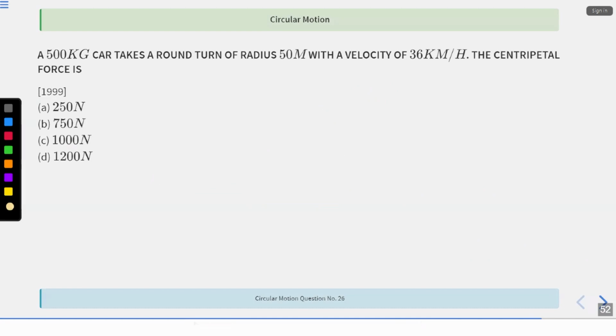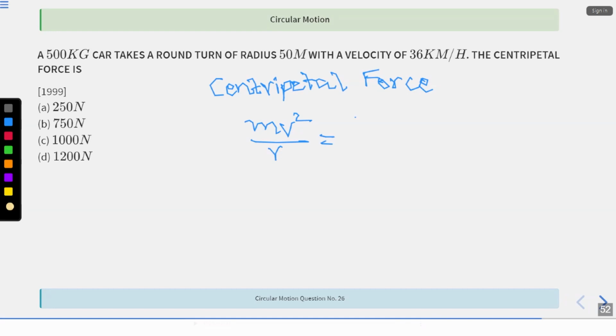A 500 kg car takes a round turn of radius 50 meter with a velocity of 36 kilometer per hour. The centripetal force is. Again, this is a straightaway question. It is nothing but m v square by r. m is 500 kg and velocity is 36 kilometer per hour.